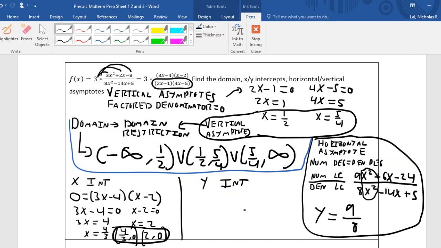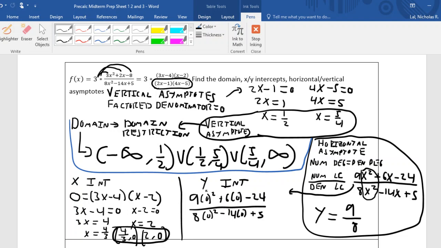Now for our y-intercept, we have to set the x value equal to 0. So the y-intercept is the y value when x is equal to 0. So we take this function once we distribute the 3: 9 times 0 squared plus 6 times 0 minus 24 over 8 times 0 squared minus 14 times 0 plus 5.